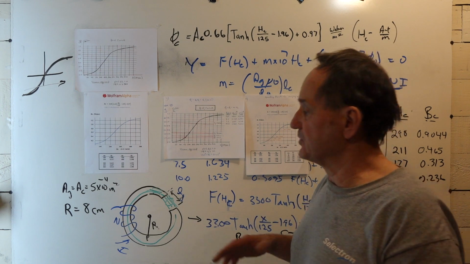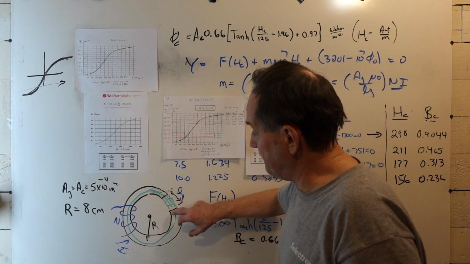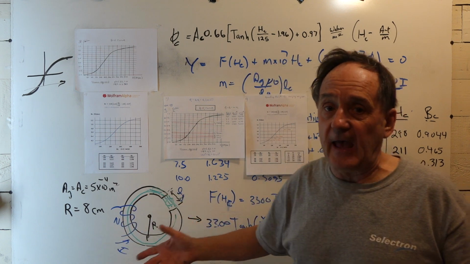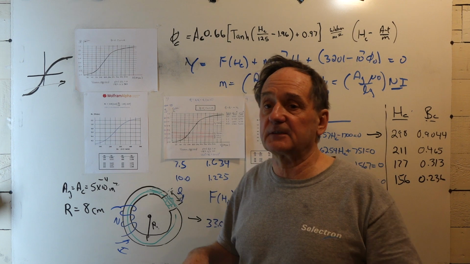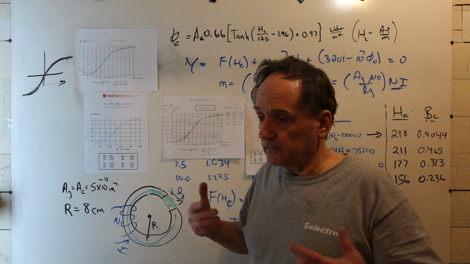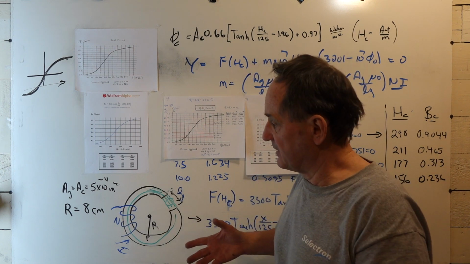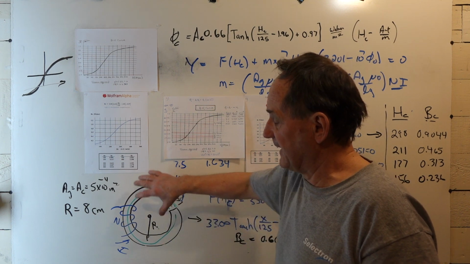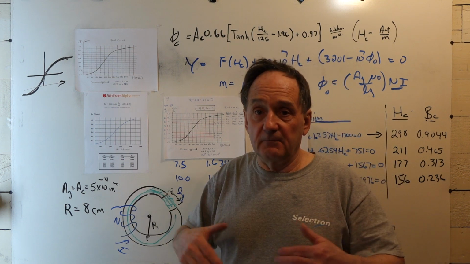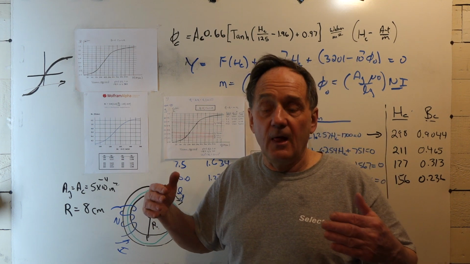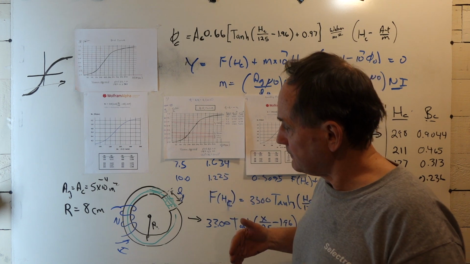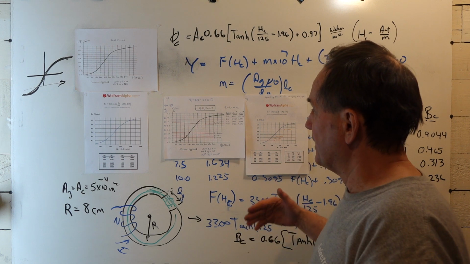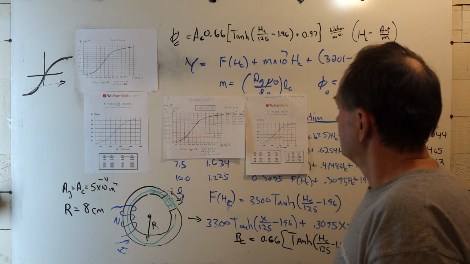If they're not the same, you adjust the value of ampere turns that you allocate to the core versus the gap, and you recompute, look at the fluxes, and if they're not the same, then you readjust your values of ampere turns, allocations between the gap and the core. Keep doing this iteratively, and hopefully with proper guesses you will converge to the operating point.